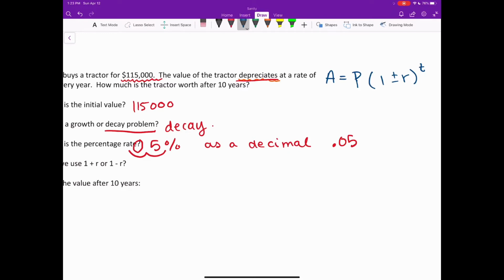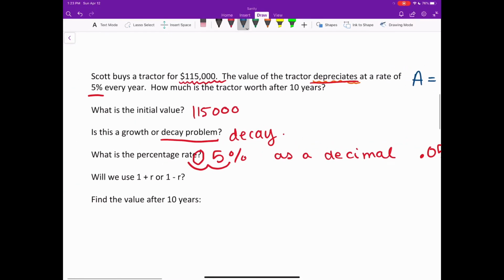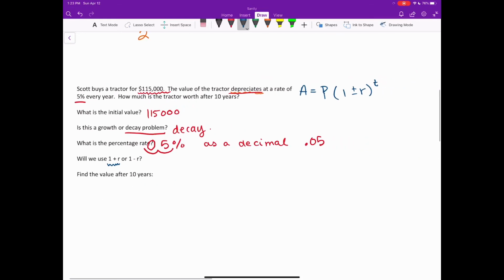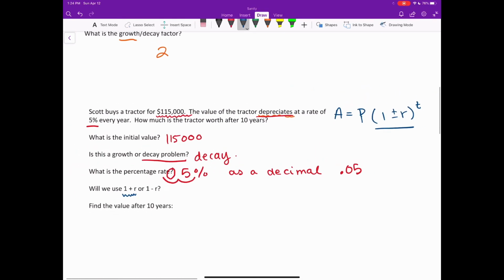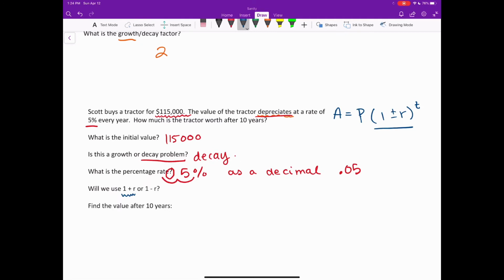And inside was 1 plus a rate or 1 minus a rate. And these directly go with growth and decay, right? So 1 plus r would indicate growth because then this growth factor in here would be bigger than 1. But since we're using a decay problem, we're using a decay exponential, my decay factor has to be less than 1. Therefore, we have to use 1 minus r. All right? So we're going to use 1 minus r.